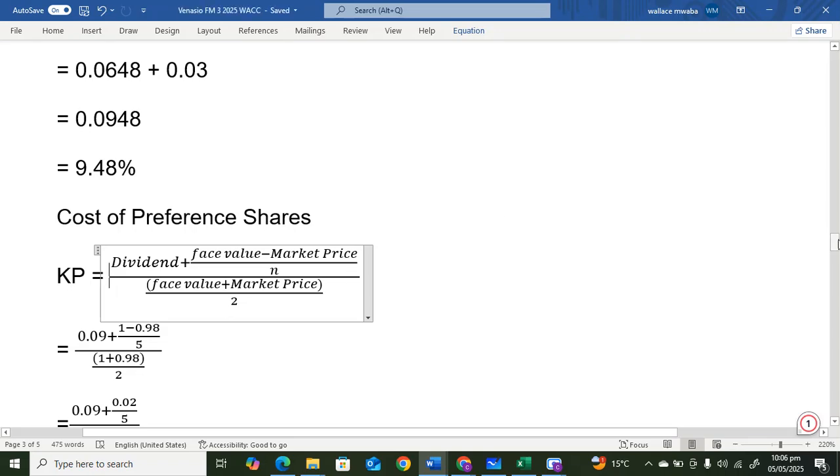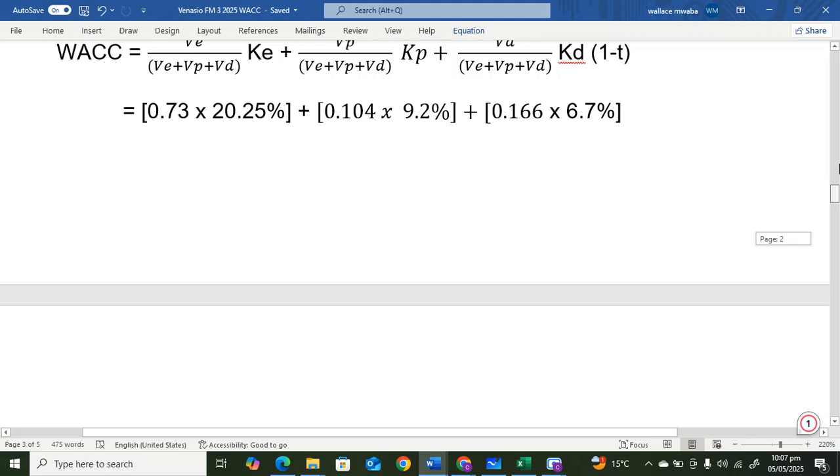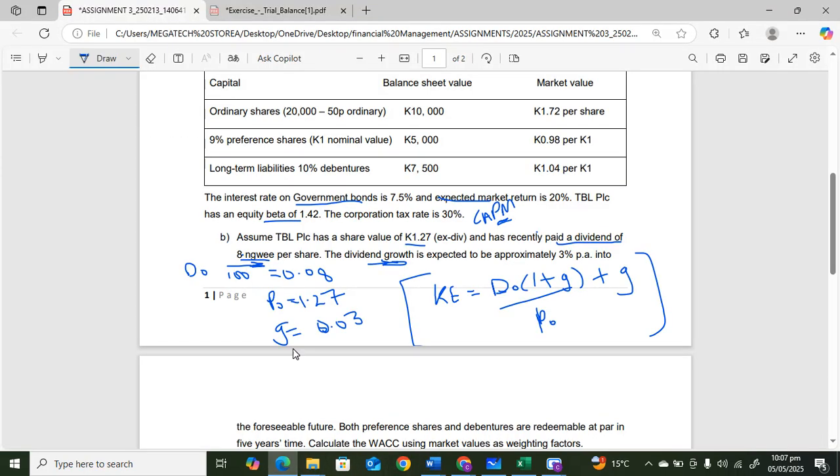For the preference shares, remember we calculated the dividend. They are 9%, so you get 9% of 1 kwacha. The dividend is 9 ngwe, 0.09 kwacha. Face value or nominal value is 1 kwacha here.